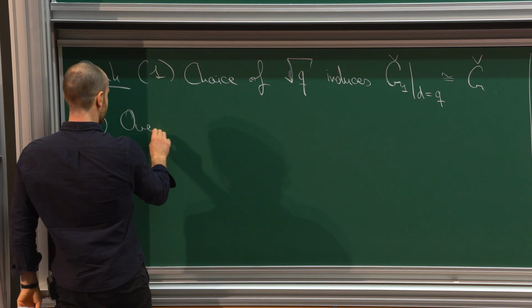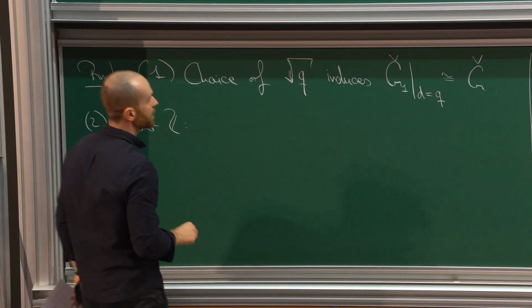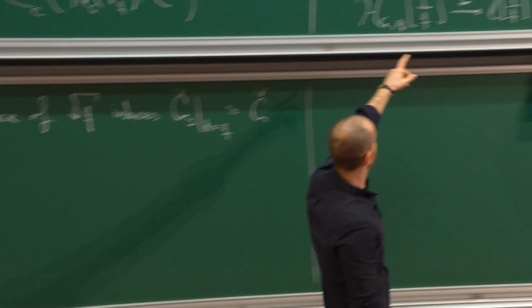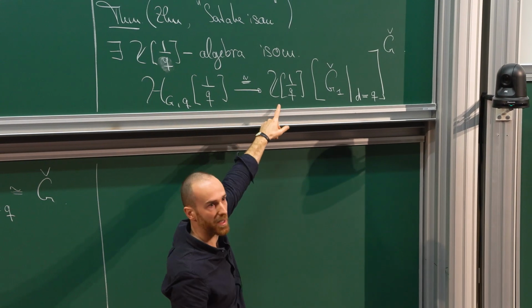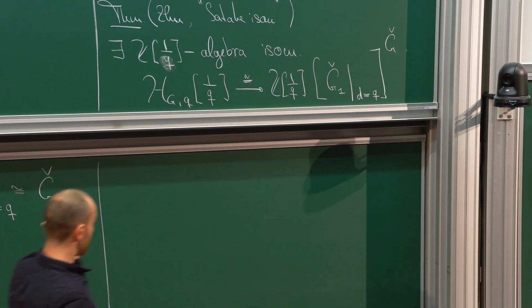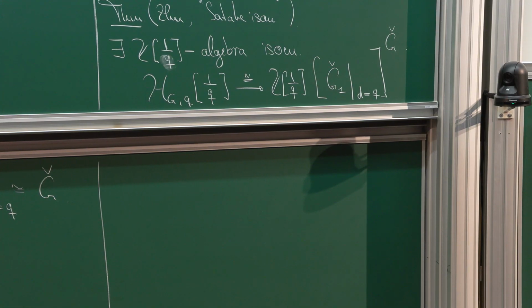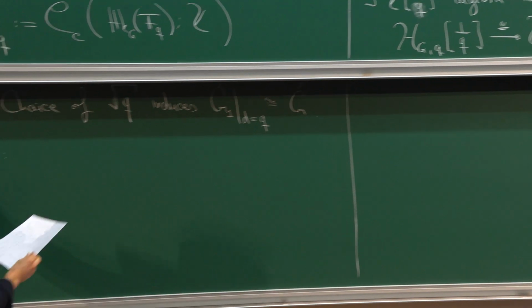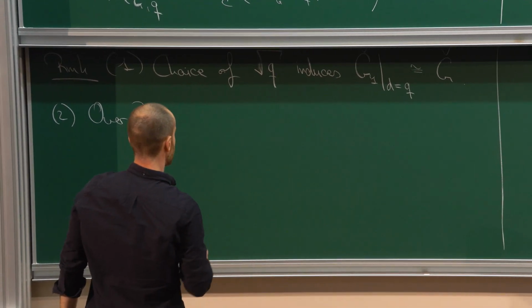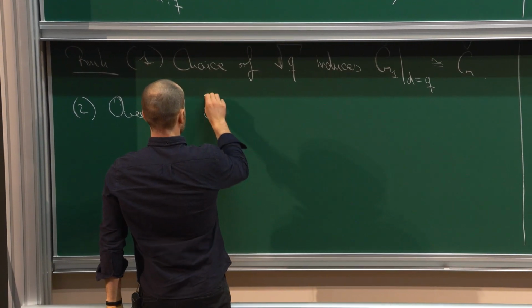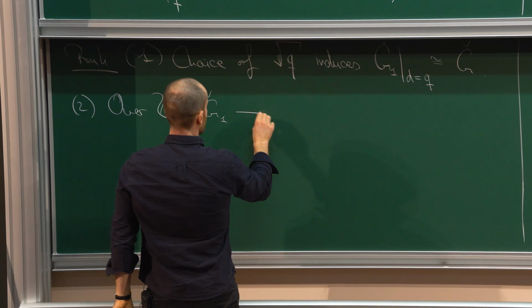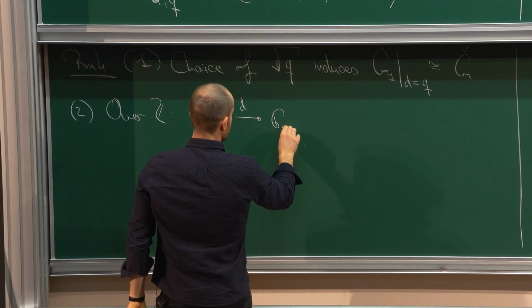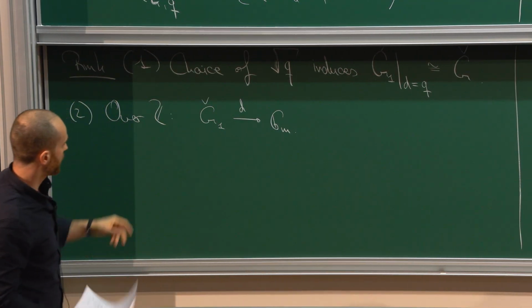Okay, then you can ask, cool, now you have this version. Can we do better and not invert the q? And yes, you can. We have that D here, and now let's think about it.